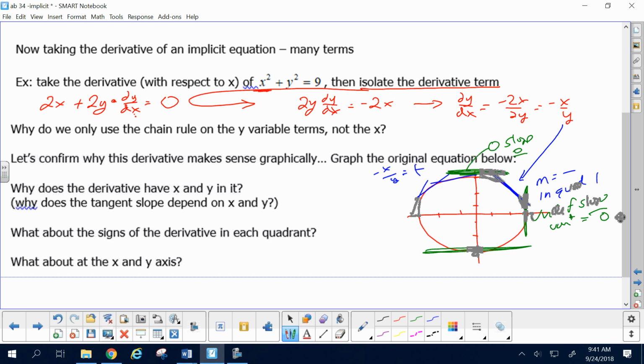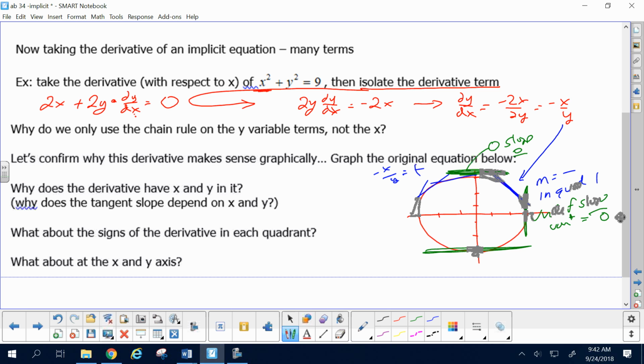If I wanted you to tell me the slope at any point on the curve, would you need to know an x and a y? Or if I just told you, tell me the slope at x equals 2, would that be enough? Just by knowing 2, wouldn't there be only one possibility, right? But on a circle, if I said, tell me the slope at x equals 2, could you do it? I don't know. At x equals 2, there are 2 possibilities. You would actually have to know both x and y to tell me the slope at any point, right?